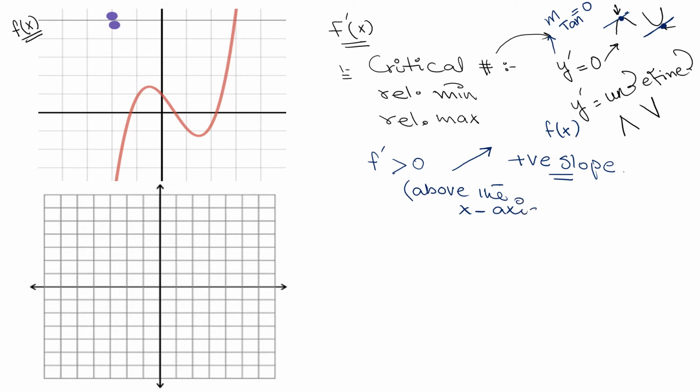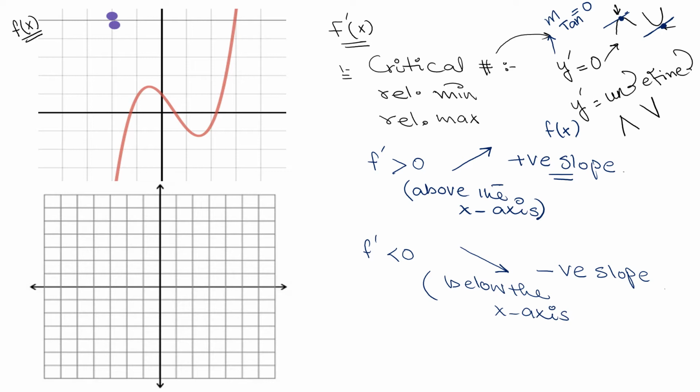You will show the graph above the x-axis for the derivative. Now, if the derivative is negative or the graph of the function is decreasing, so f prime of x is less than 0, you will sketch the graph below the x-axis. So these are the basic things you should keep in mind.